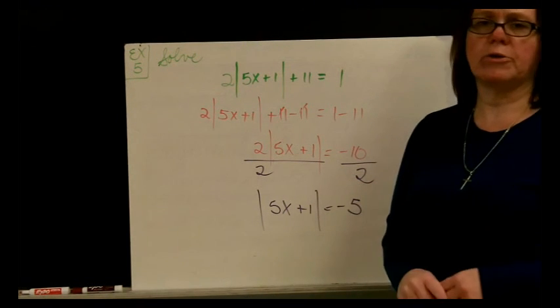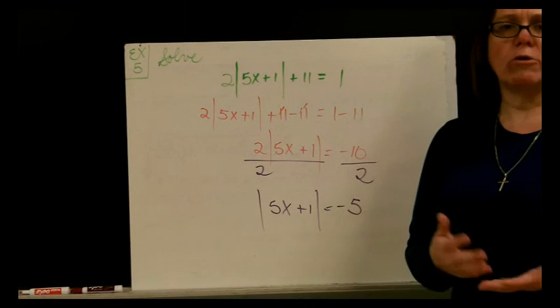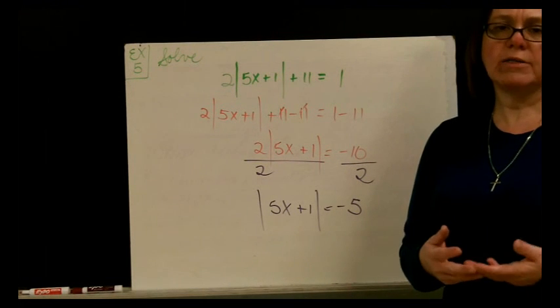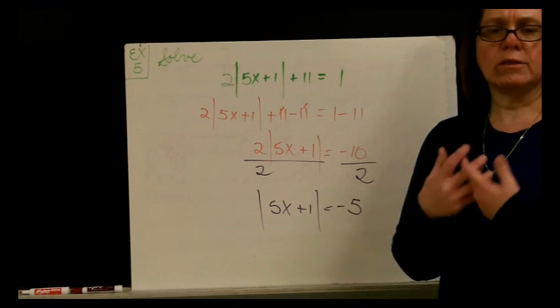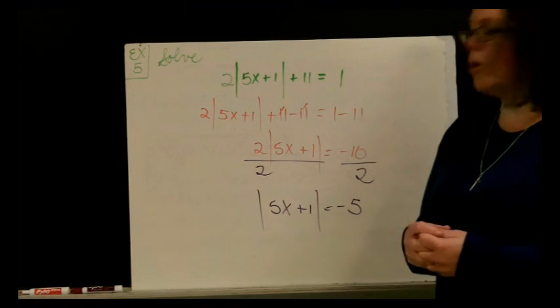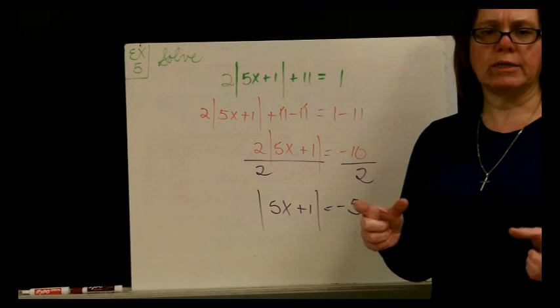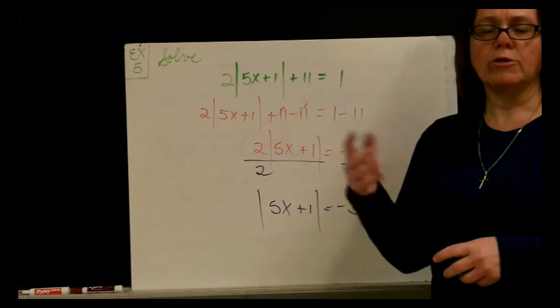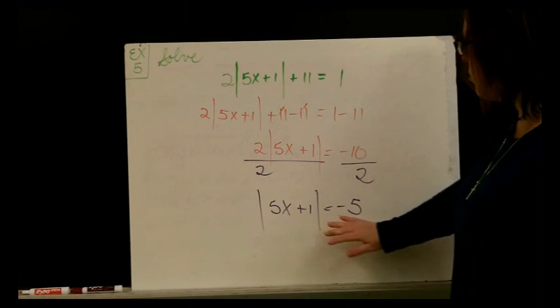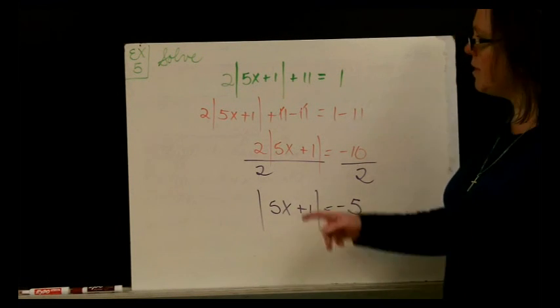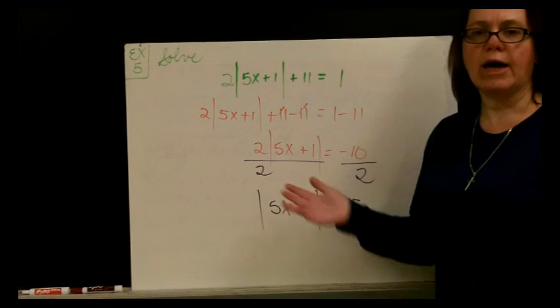If you recall, what I said earlier was the absolute value of a number is always going to be positive, because we are not talking about the sign attributed to it. We're talking about how many spaces it is on a number line from 0. Since we have an absolute value here equal to a negative number, it means that this equation has no solution.